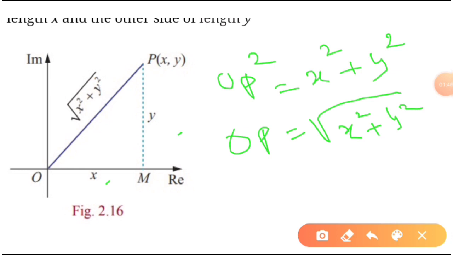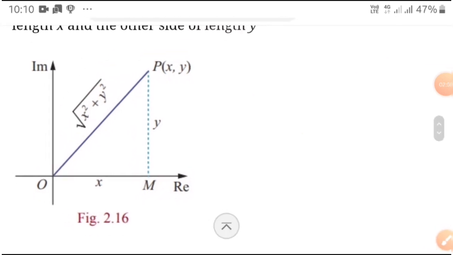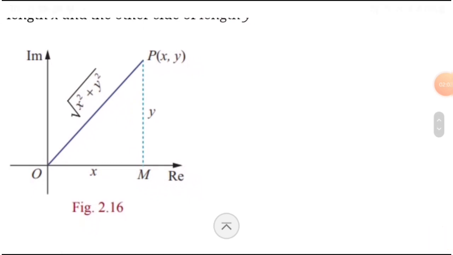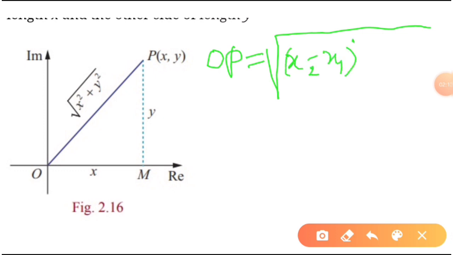In another way, the distance from the origin to that point P, we know the distance formula between two points: OP is equal to the square root of (x2 minus x1) in the whole square plus (y2 minus y1) in the whole square.